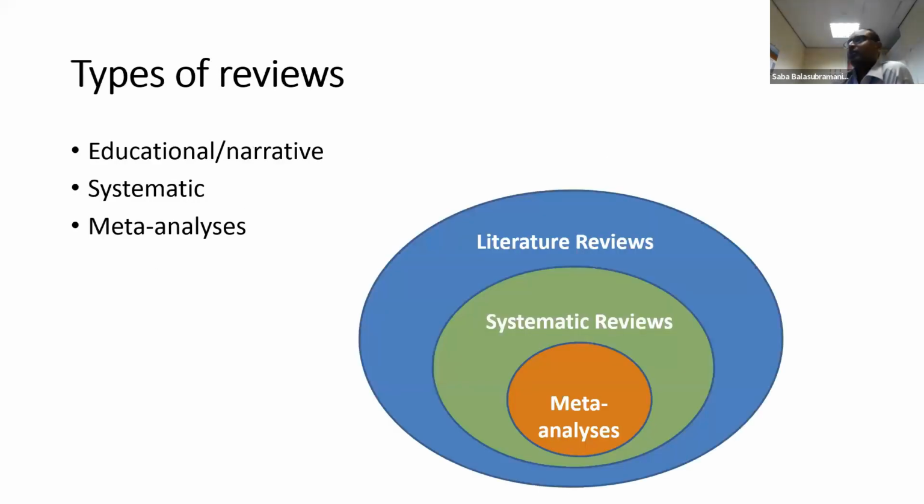Okay, so there are lots of different types of reviews. Educational or narrative review being the type of review that commonly used to be done and published and reported a couple of decades ago. And then we moved on to systematic reviews that you've all heard of, and meta-analysis. Essentially a systematic review attempts to collate all of the evidence there is.